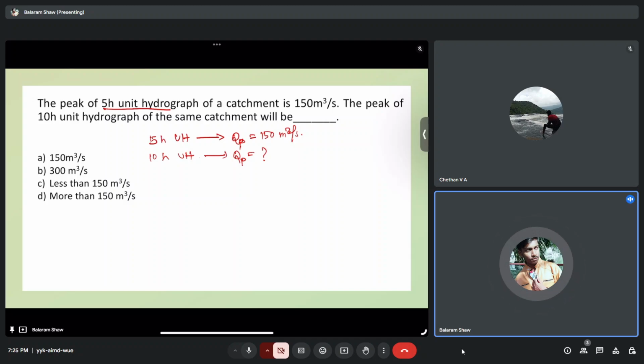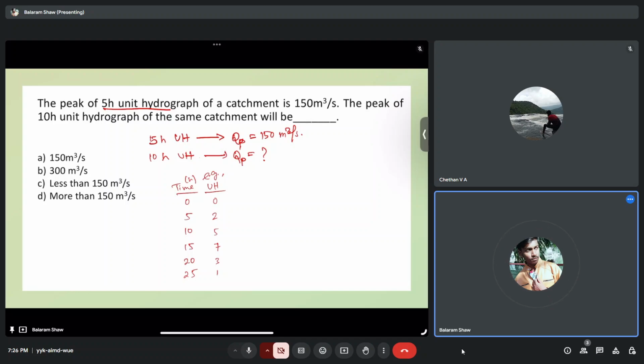So what we can do here is, you have a 5-hour unit hydrograph. Let's say you have the unit hydrograph ordinates: time in hours 0, 5, 10, 15, 20, 25, and unit hydrograph values, just as an example, 0, 2, 5, 7, 3, 1.